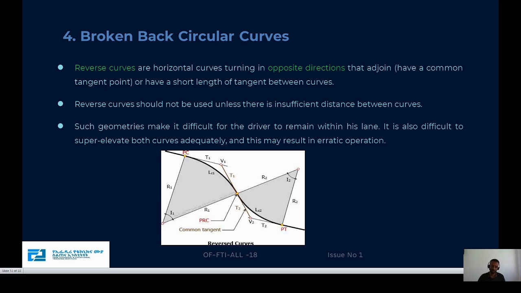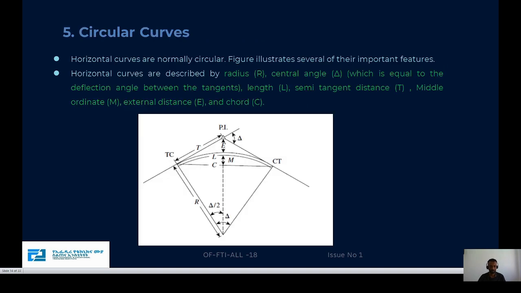The first is at the top, and the other curve is at the bottom. So reverse curves should not be used unless there is insufficient distance between the curves. Always provide a tangent between the curves.